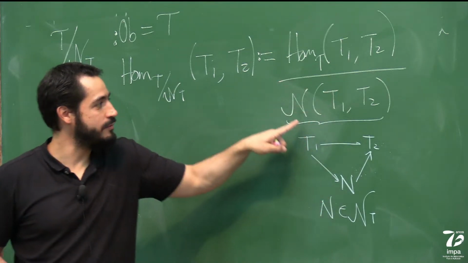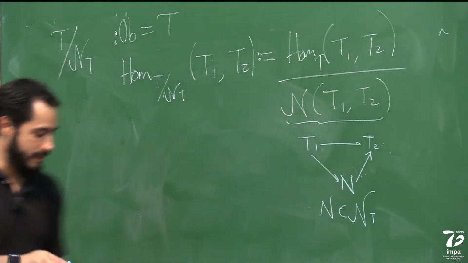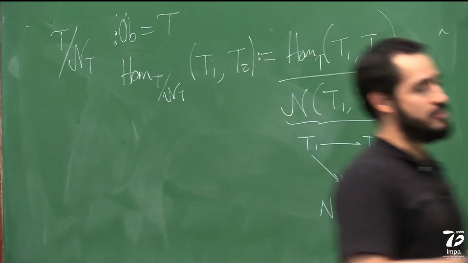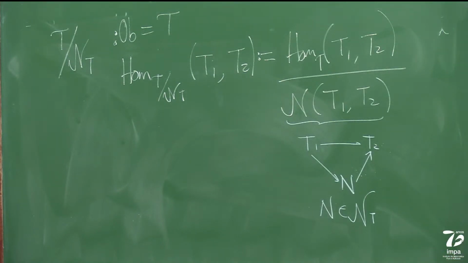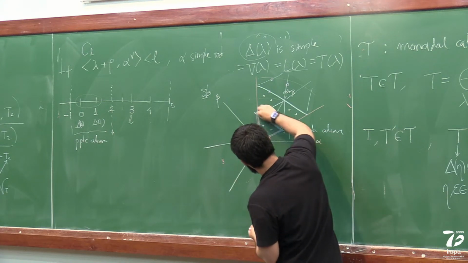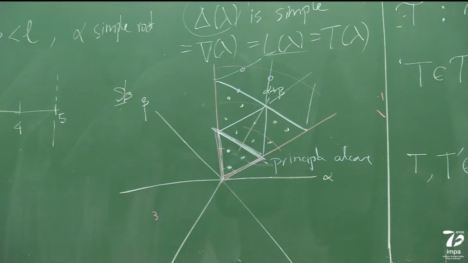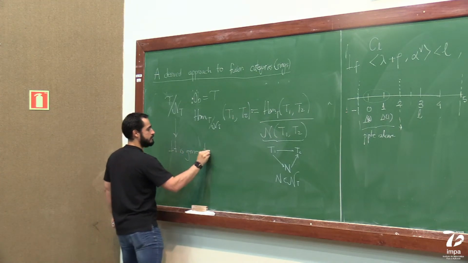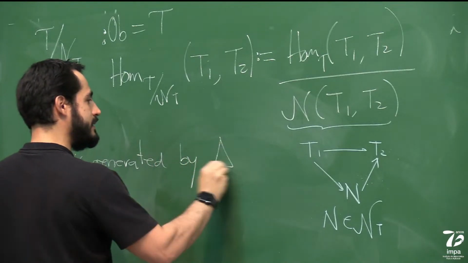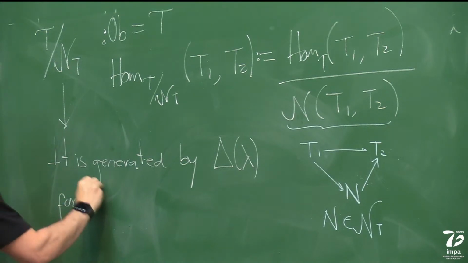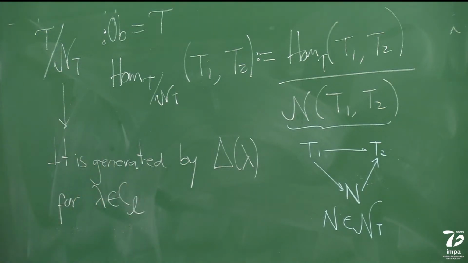If you consider the identity morphisms between these, of course they factor out here, and at the end, what I'm doing in this category is that the only objects that remain different from 0 are the objects in the principal alcove. So this category is generated by the standard modules, which are simple modules, for lambda in the principal alcove.